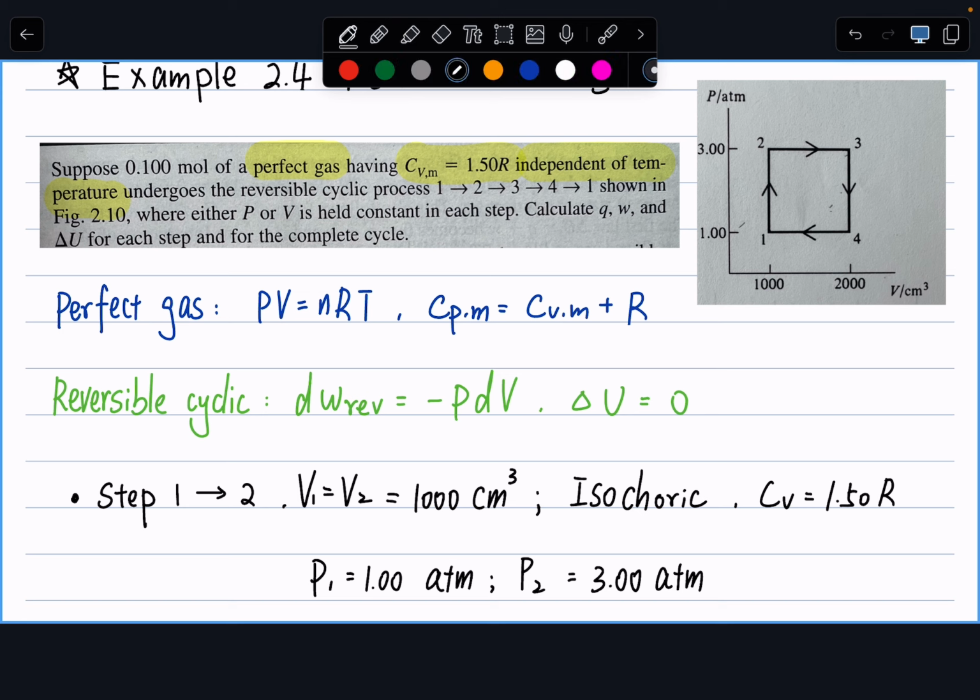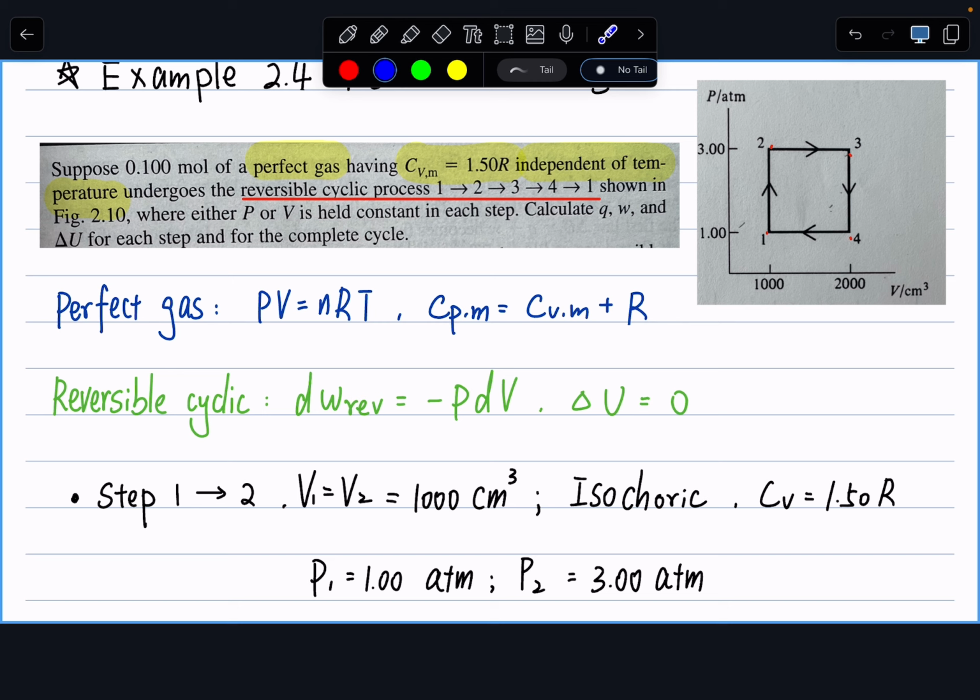This perfect gas undergoes a reversible cyclic process, going from 1 to 2 to 3 to 4, shown in the figure on the right. So we're looking at an isochoric process followed by isobaric, then isochoric, and then isobaric. We could replace each of these with a tilted line or even a curve, but in this case we're only looking at isobaric and isochoric steps as an example. Either P or V is held constant in each step, and can you calculate heat transfer, work, and delta U for each step and the entire cycle?